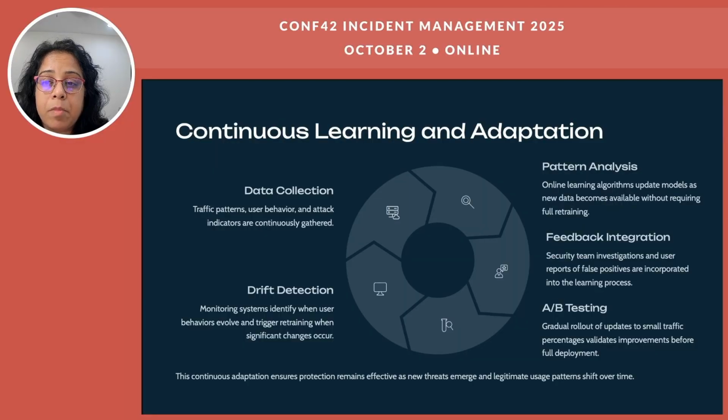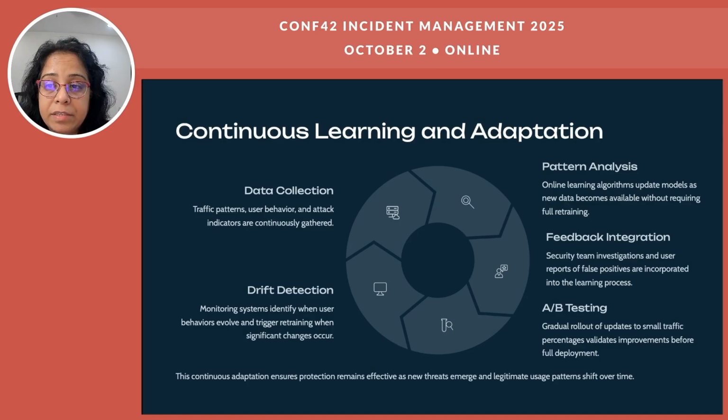Drift detection: monitoring systems identify when users' behaviors evolve to understand what is generic user behavior and what is an anomaly. Pattern analysis: online learning algorithms update models as new data arrives to identify new patterns, to be aware of the attacks and estimate user behaviors.